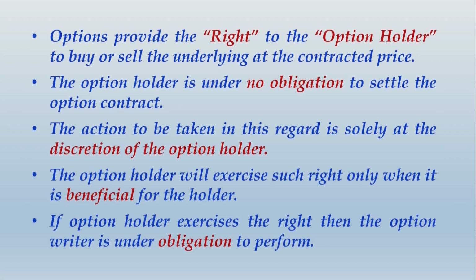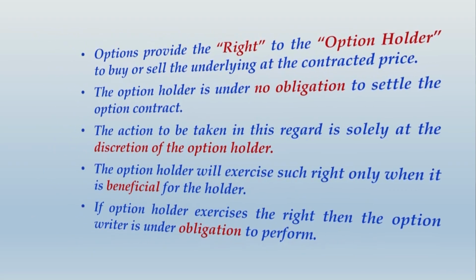If the option holder exercises the right, then option writer is under obligation to perform. We have discussed even these points. You just need to note it down and then I take you ahead. Alright friends, once you have completed writing this as well, let us move ahead and continue further.